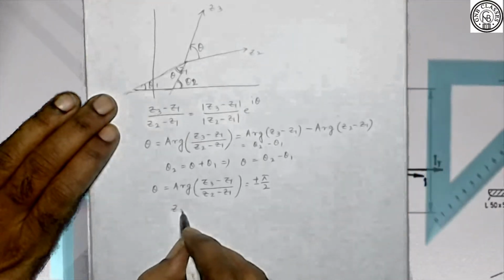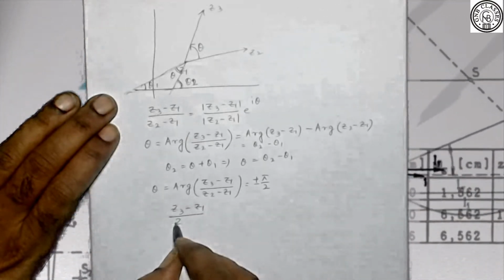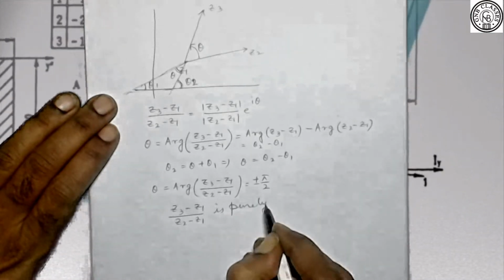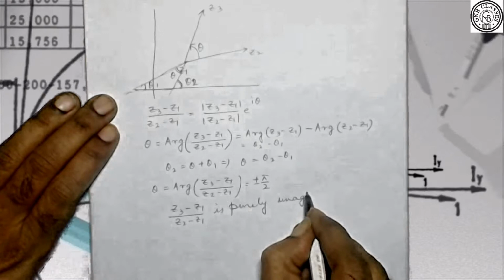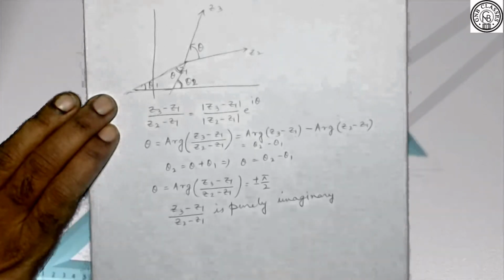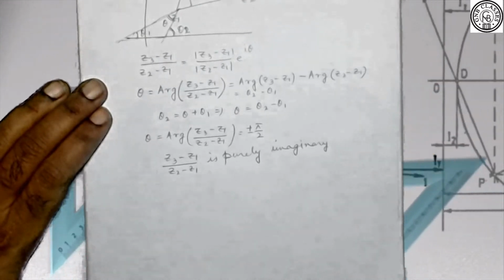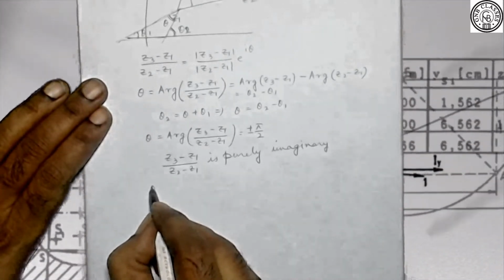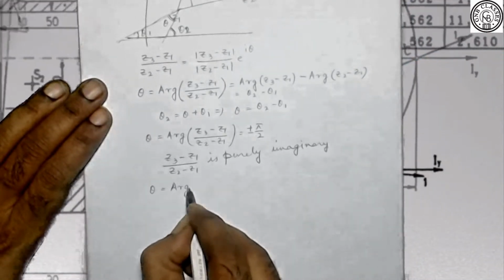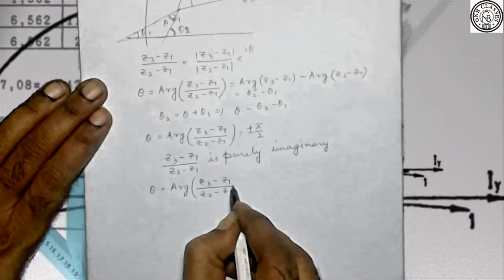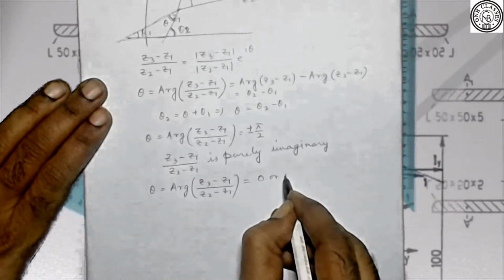Hence, we will say that (Z3 minus Z1) by (Z2 minus Z1) is purely imaginary. Tell me yes or no.